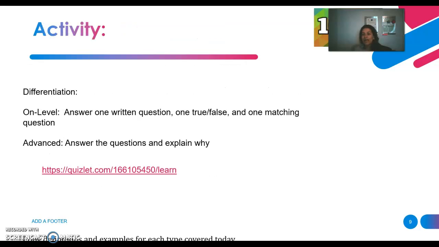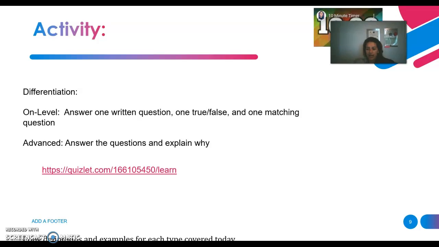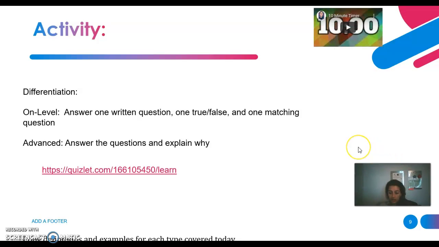All right, but now it's time for you to try, how well you understand this figurative language, okay? So we're going to do the following, okay? You are going to complete this activity, okay? And you're going to answer one written question and one true, false, and one matching if you're on level.